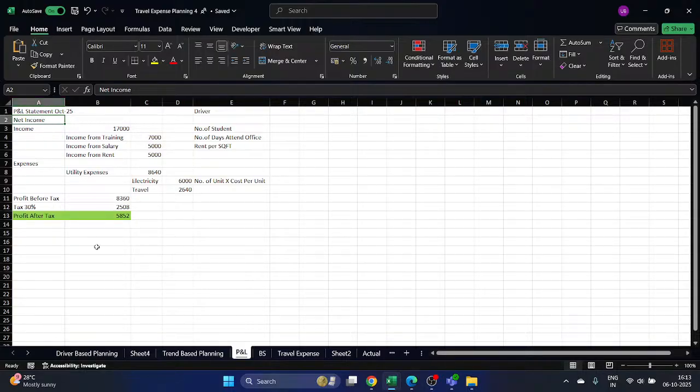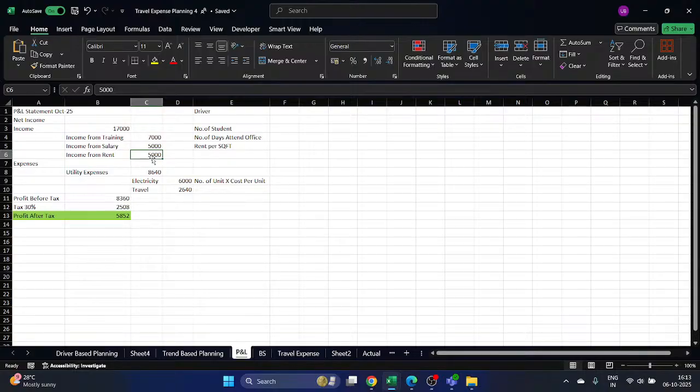In that example, you can see the P&L statement, net income. The income would be from training. The income from training is 7,000, income from salary is 5,000, and income on rent is 5,000.